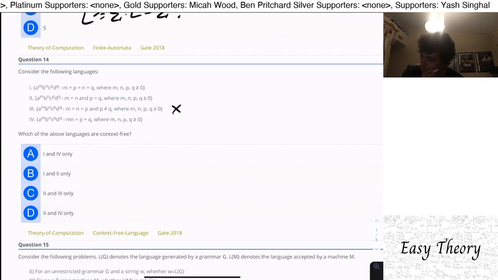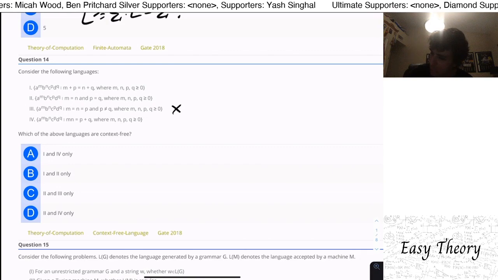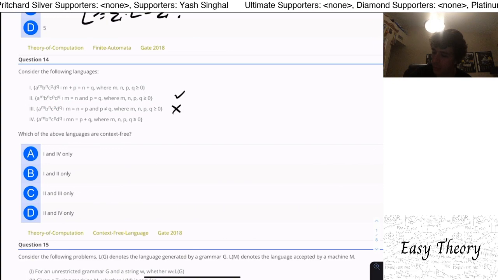What about 4? Let's see. Well, 2 is, because you can have one variable make the first 2, and another variable make the second 2.